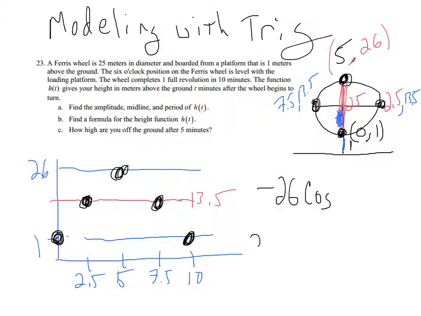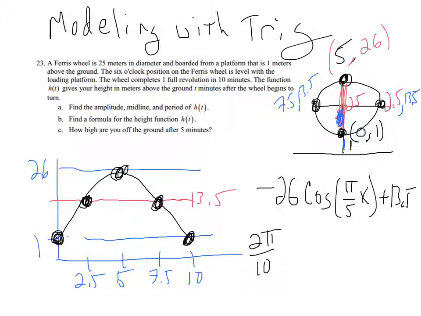And if you remember, 2 pi divided by the period will tell you the b number. In this case, that would be pi over 5 x. And then it's been shifted up to the midline. Remember, we're always talking about the midline? So instead of happening down around the x-axis, this is happening at 13.5.